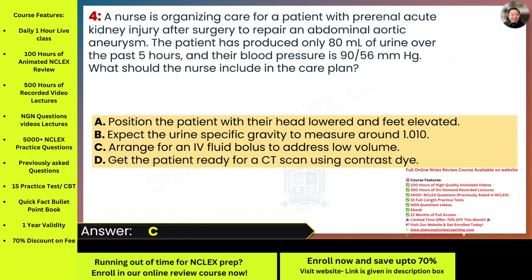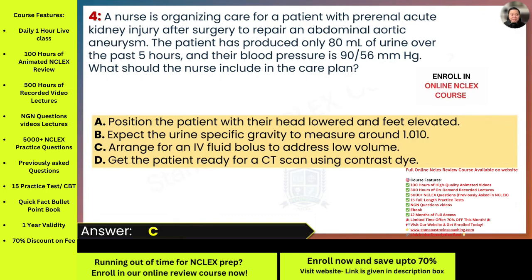And so the correct answer here is letter C. We're going to have to administer an IV bolus to address the low volume, as we know that the patient is hypotensive at 90/56, and the urine output is only 80 mLs over the past 5 hours. This is hypovolemia. There's not enough blood flow to the kidneys.